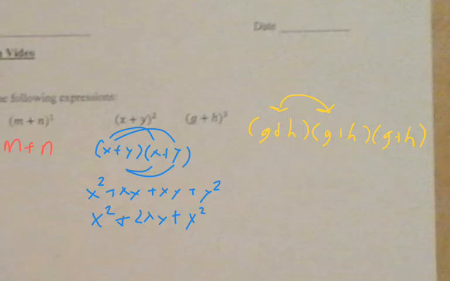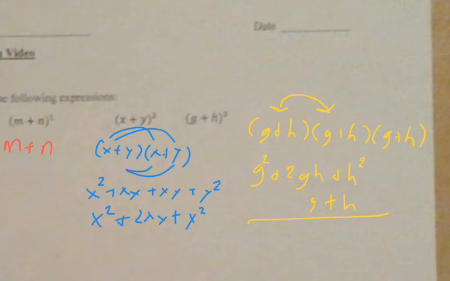We know what g plus h times g plus h, or g plus h squared, is. So I'm going to replace my x's with g and my y's with h. So we have g squared plus 2gh plus h squared. Okay, so now we're going to multiply this by g plus h.